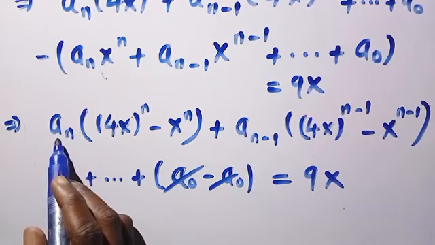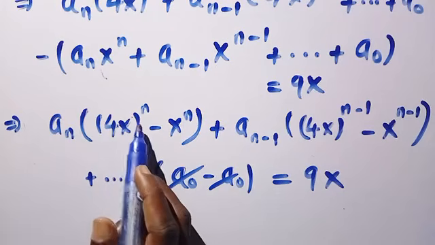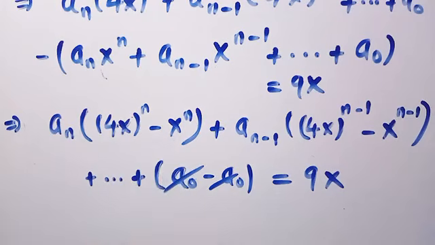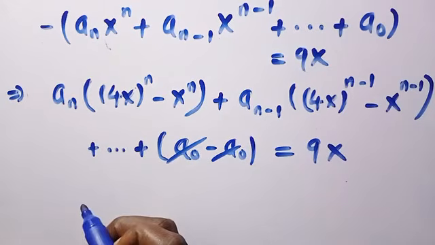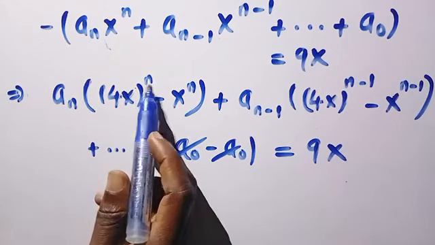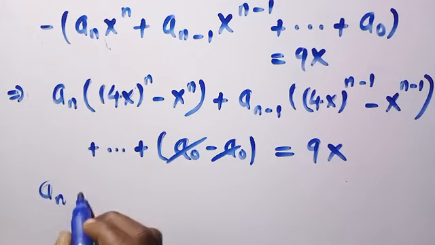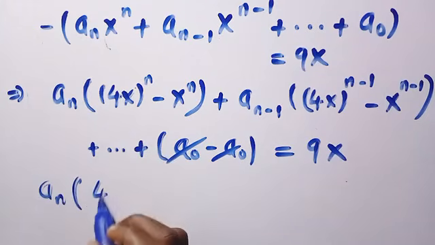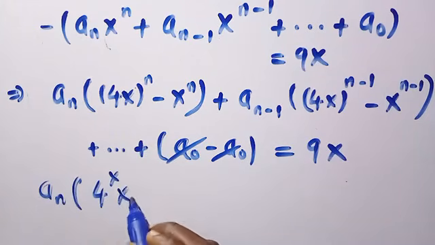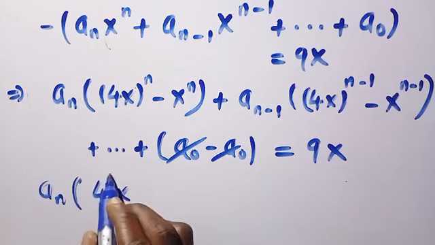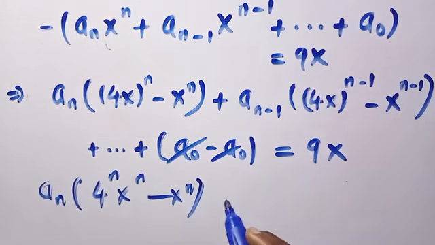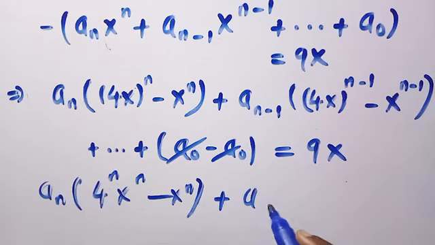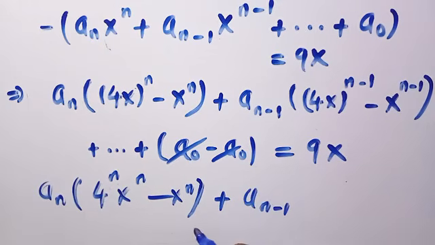So here we have an, bracket 4x raised to power n minus x raised to power of n. Looking at this, we see that we have x raised to power n here. If I take out an, here becomes 4 raised to power n and x raised to power of n minus x raised to power n, then plus here is an minus 1.